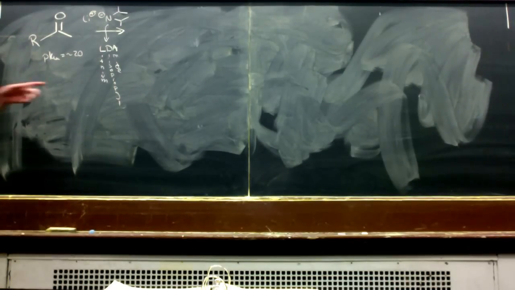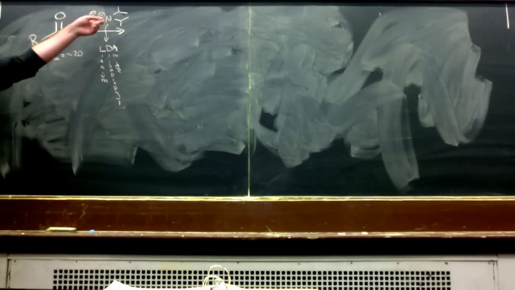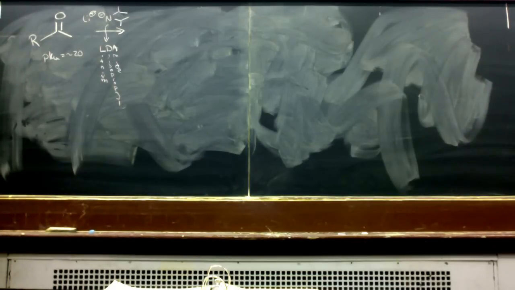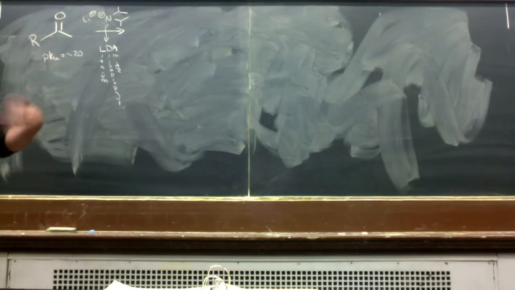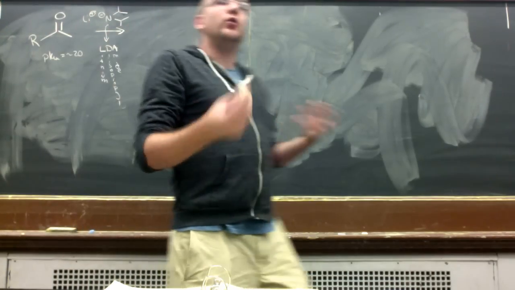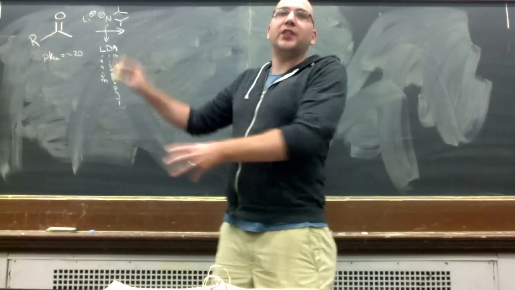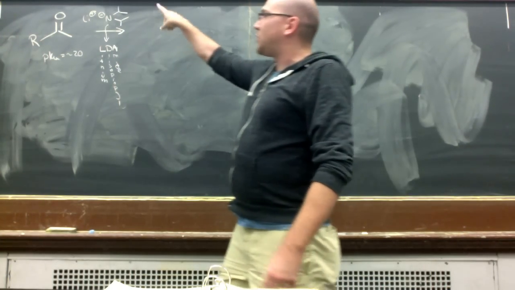The reason it's used is that it's bulky, so it's got these two flanking isopropyl groups on. As we've seen, bases can also often be nucleophiles and vice versa. If you want something to only act as a base and not so much as a nucleophile, you'll bulk it up, right? That's why LDA has these diisopropyl groups on here.